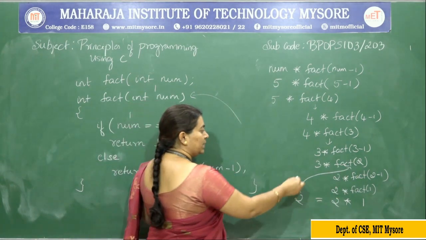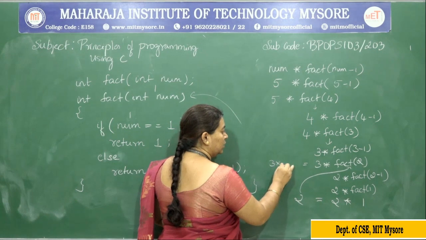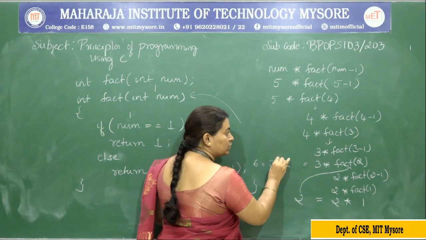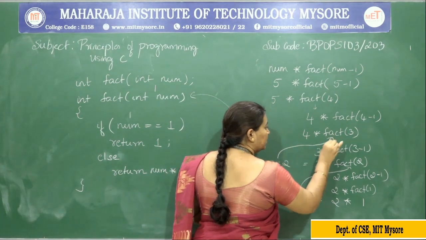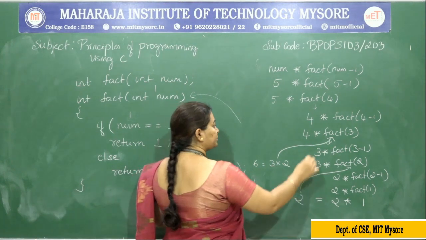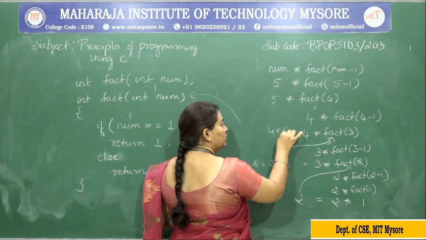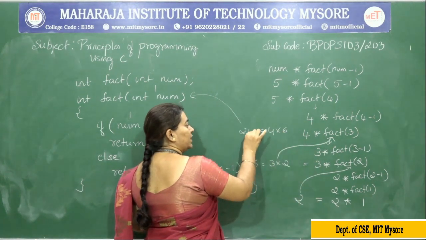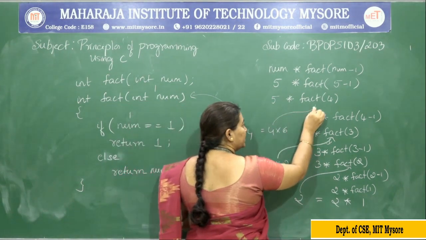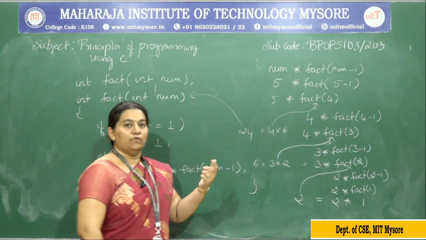So it will be nothing but 3 into 2. So it is a 6. Next this is being returned back to fact of 3. So here 4 into 6. So it will be 24. Next this 24 is being returned to fact of 4.